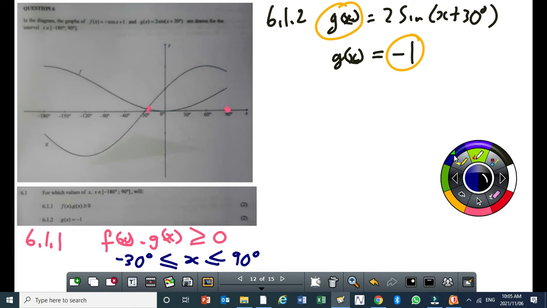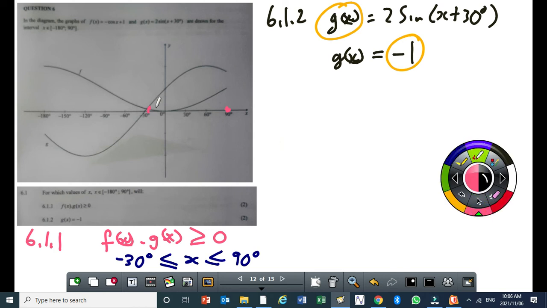It's a trig equation. If you can't see the answer on the graph, I'm going to show you both ways. Let's start with the graph itself. g of x equal to -1 means what is the value of x when y is -1?